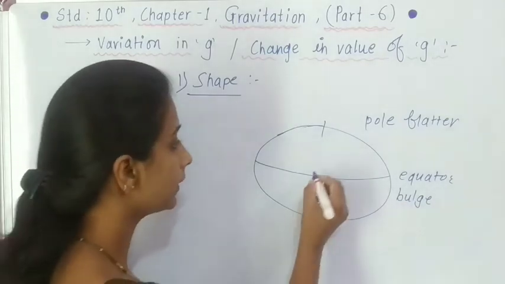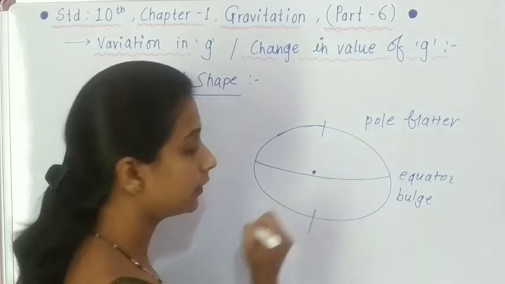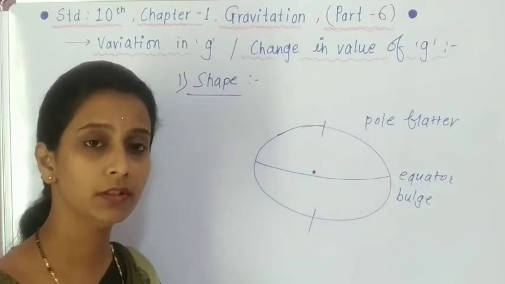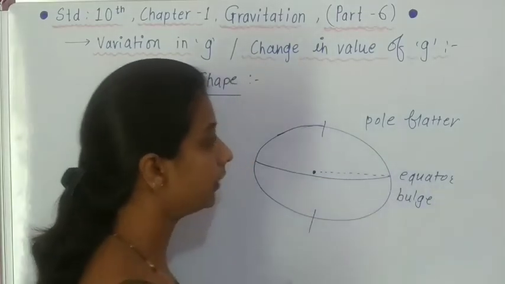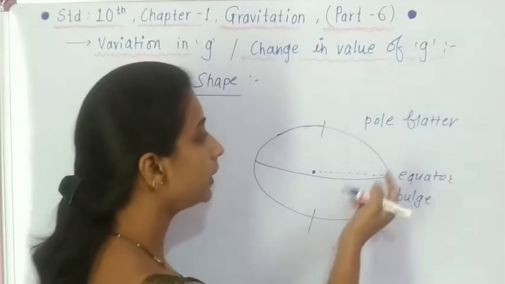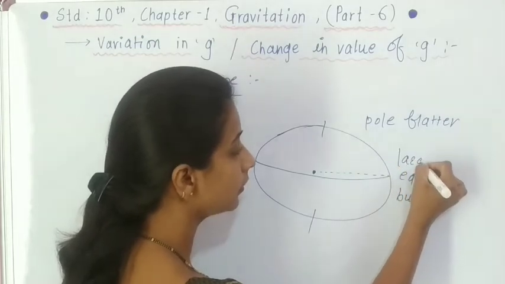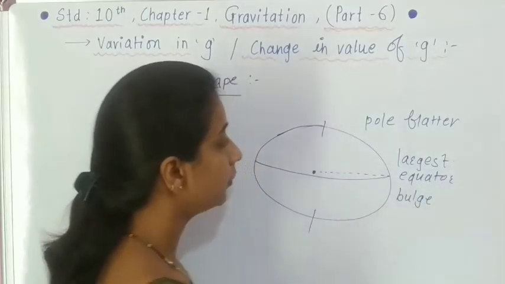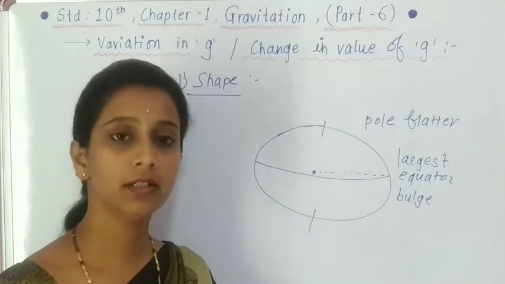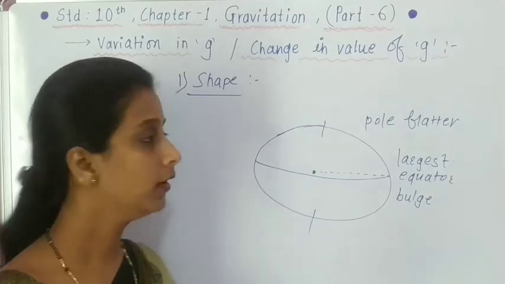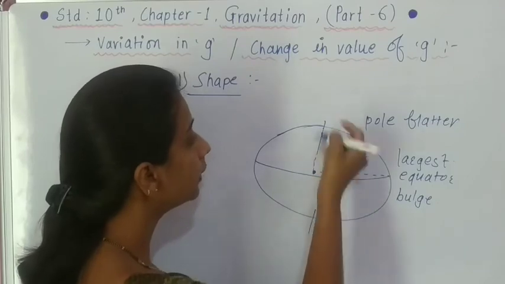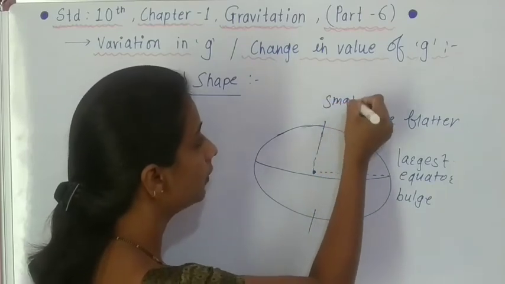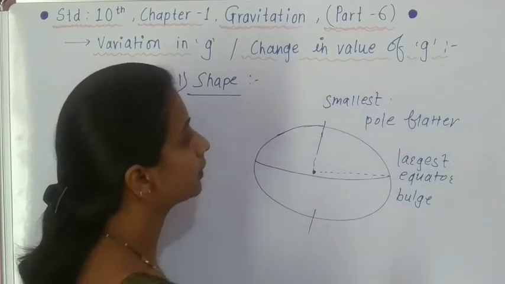Suppose this is the center of earth, and if we measure the radius on the equator, it will be the largest distance. So the radius of earth is largest at the equator, whereas at the pole it will measure the smallest distance.